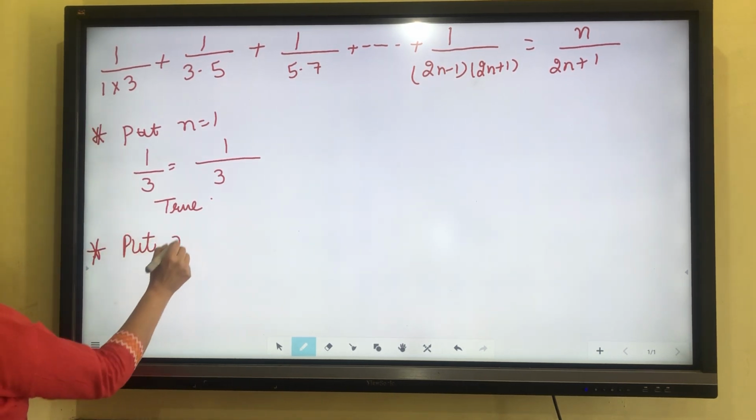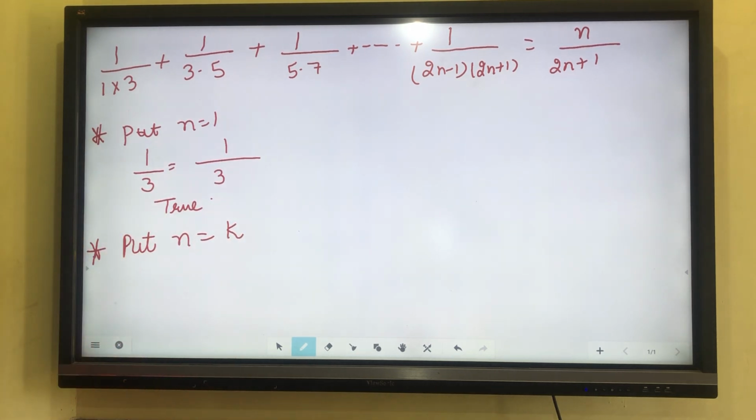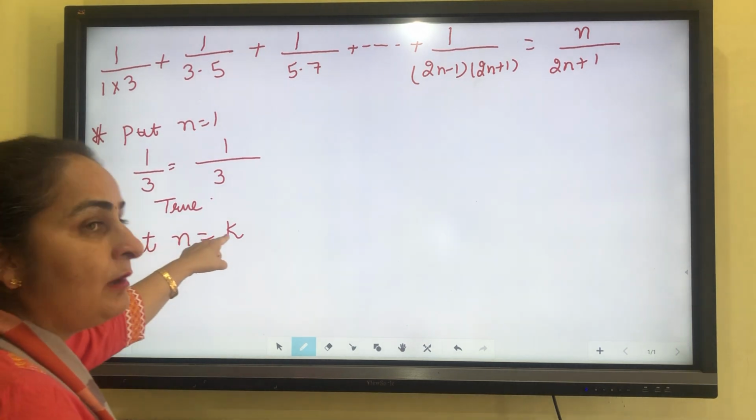And for the second step, I already told you that there is no change in the question. There is only a little bit of change, that is the change in place of n. In place of n, I am using here n is equal to k.